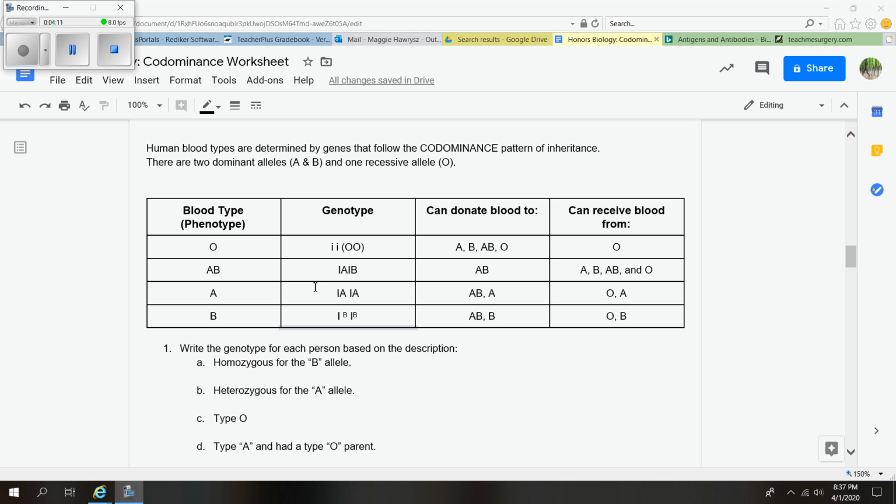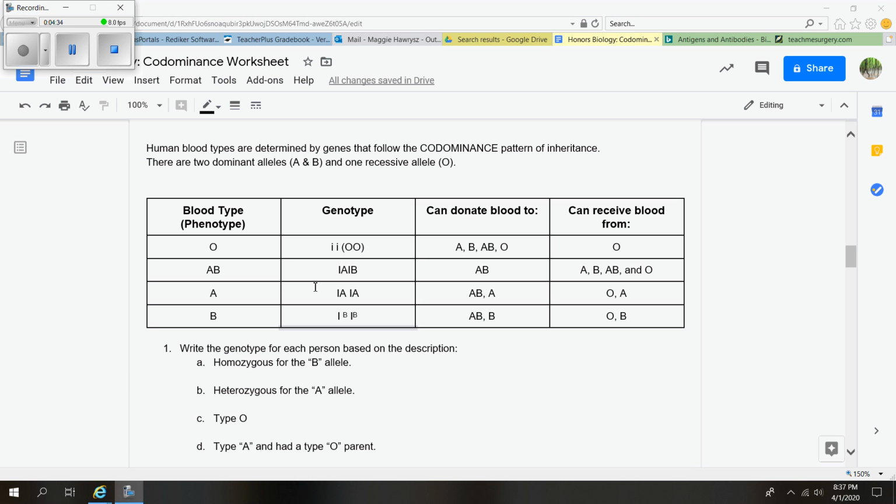So the alleles, when I say allele, what I mean is if we think back to Gregor Mendel, Gregor Mendel had two alleles and they were designated by a capital letter and a lowercase letter. Remember, we have the capital P and the lowercase p, and the capital P stood for the dominant trait and the lowercase p stood for the recessive trait.